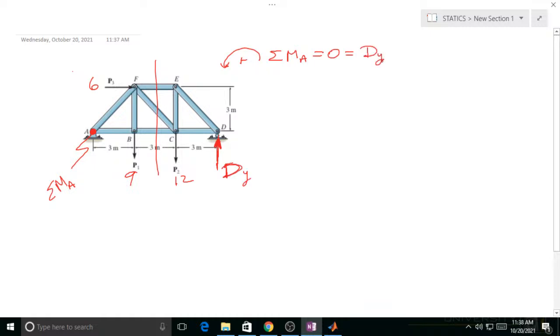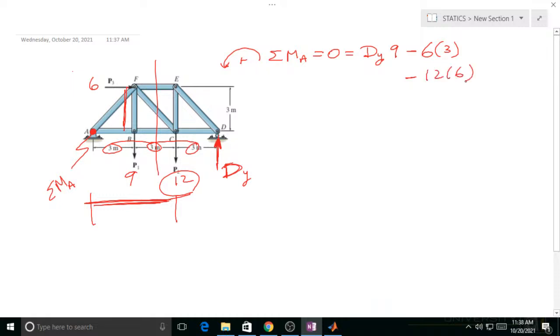So I have Dy times 3 and 3 and 3, that's 9, minus 6, moment arm of 3, minus 12, moment arm of 6, and then 9, moment arm of 3. So I went through this thing.